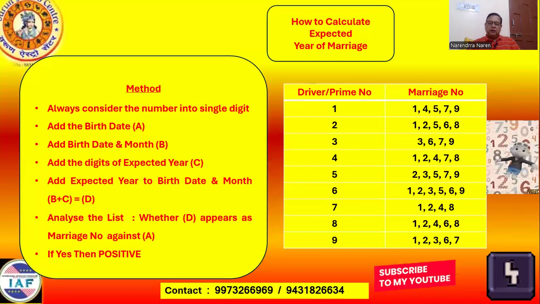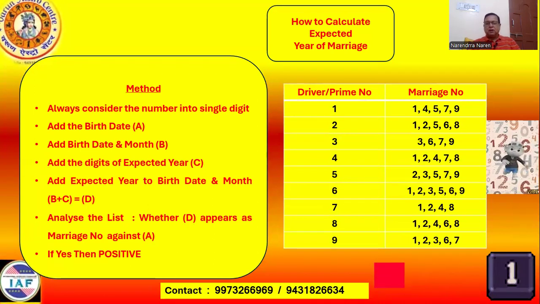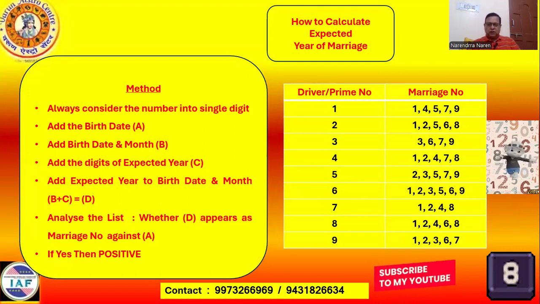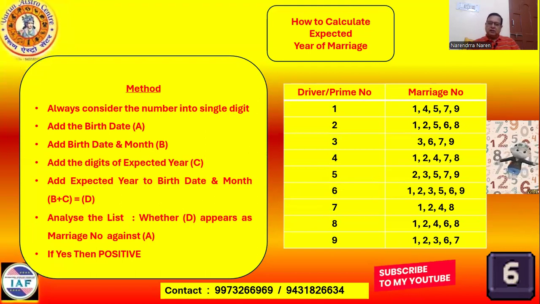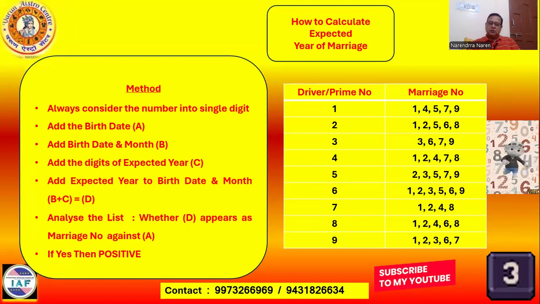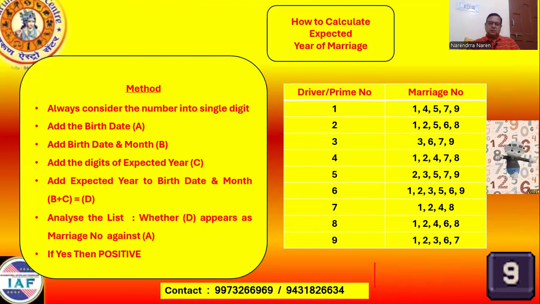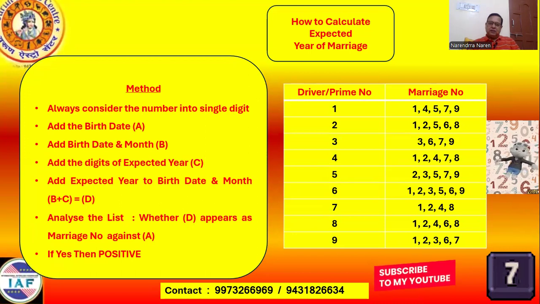Whenever we come across any compound number or any number consisting of more than one digit, we add the digits together and convert it to a single digit, and thereafter we make the analysis. Here also the same method has to be applied.